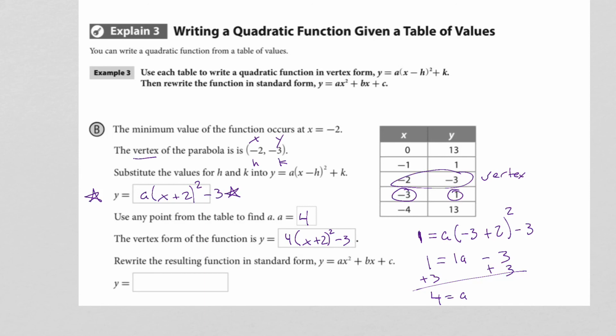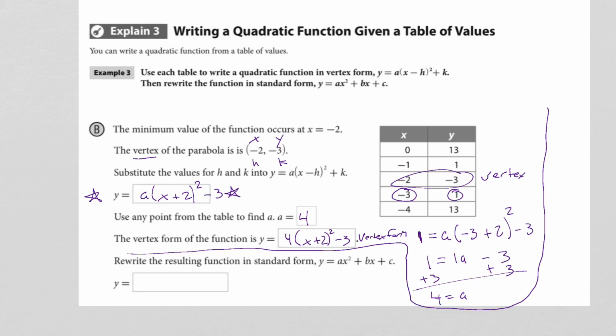So far we've done all this work. This is vertex form. To make it standard form, we have to expand this part, which means multiply it out. This is going to be x squared plus 4x plus 4, all times a 4 minus a 3.